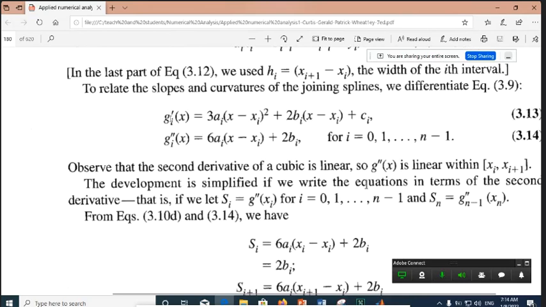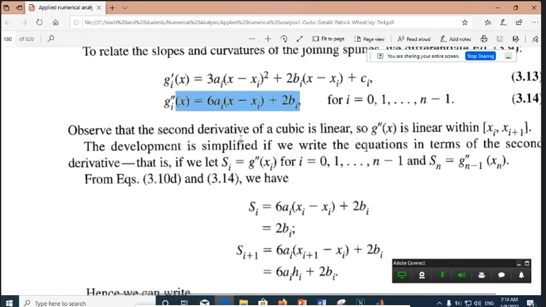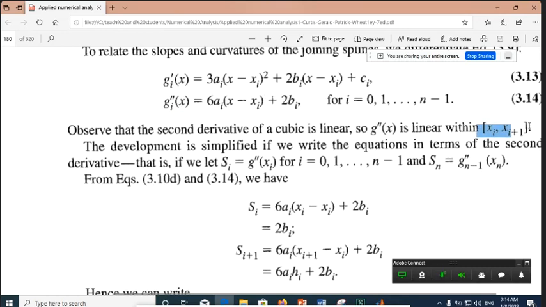And this gives us g prime i of x equals 3 a_i (x minus x_i) squared plus these values, and the second differentiation is this value. Observe that the second derivative of the cubic is linear, so g double prime of x is linear within this subinterval.